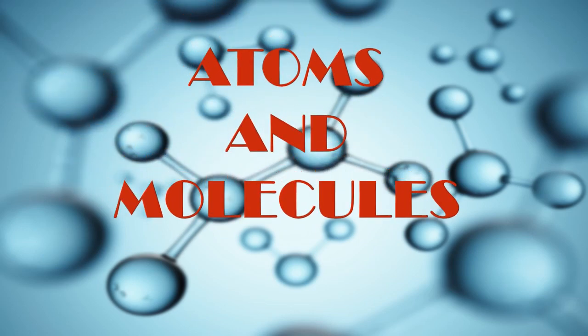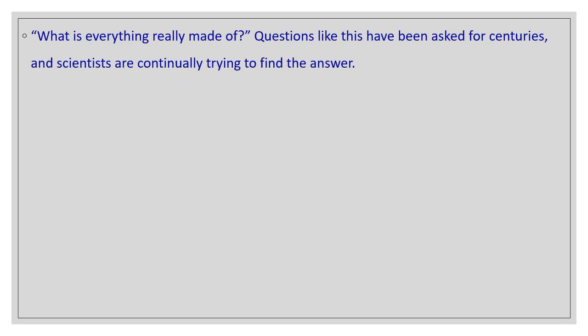Atoms and molecules. What is everything really made of? Questions like this have been asked for centuries, and scientists are continually trying to find the answer. This is the most common question we ask again and again, from lower class to higher class.